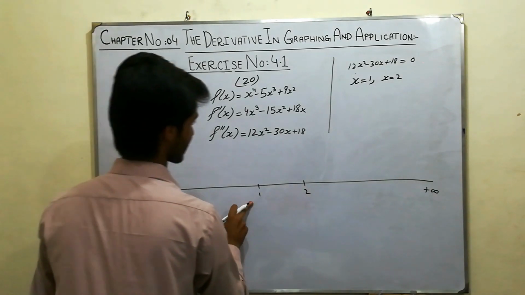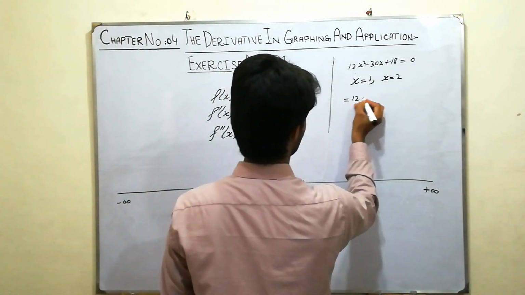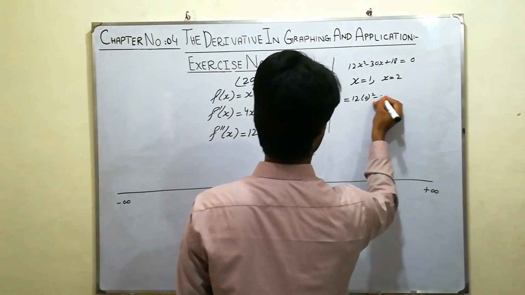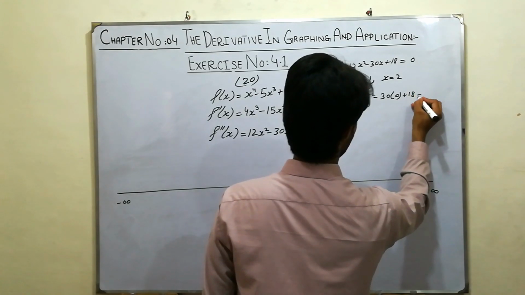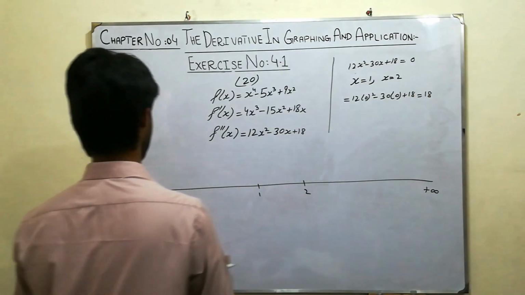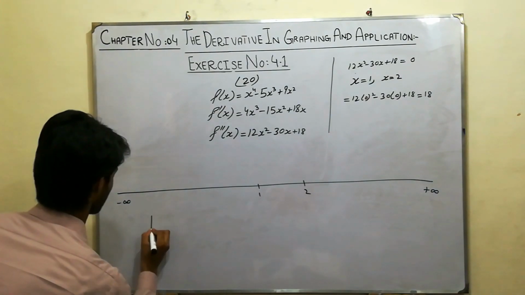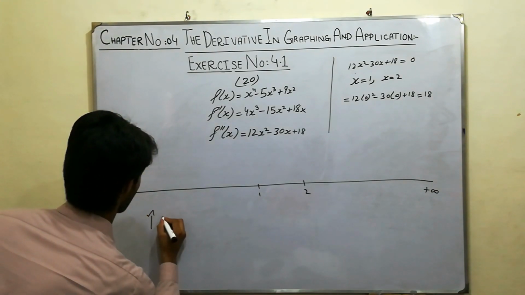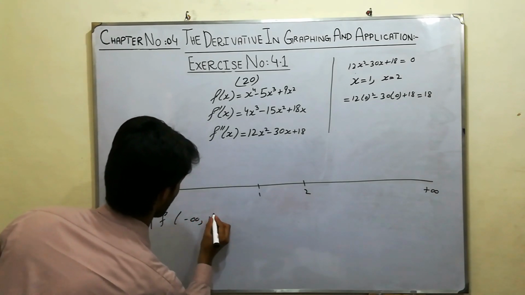We will put a value less than 1, let's put 0 in the function. So we have a positive value, which means the function is concave up from minus infinity to 1.